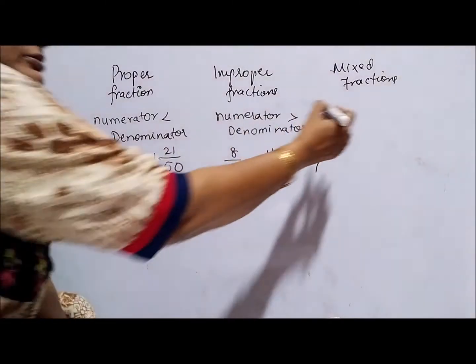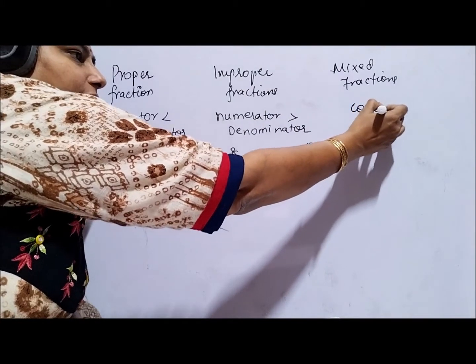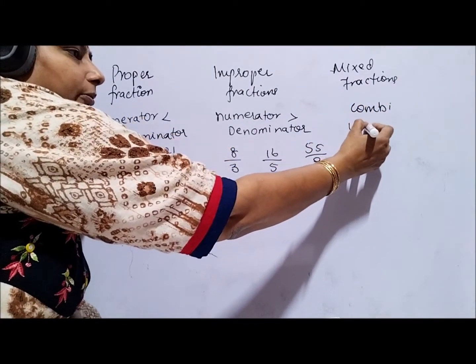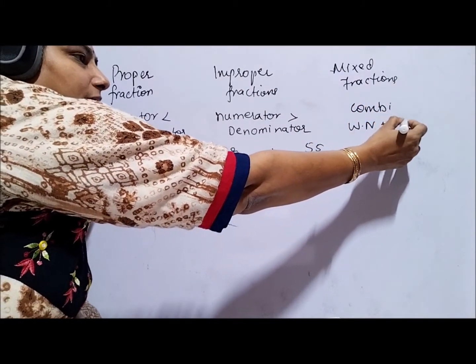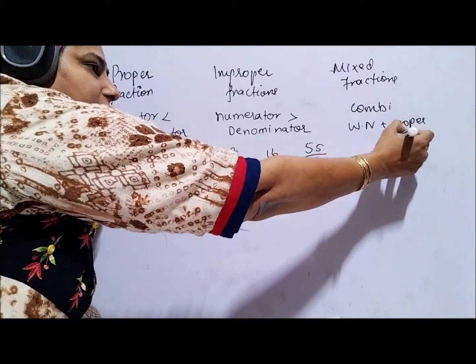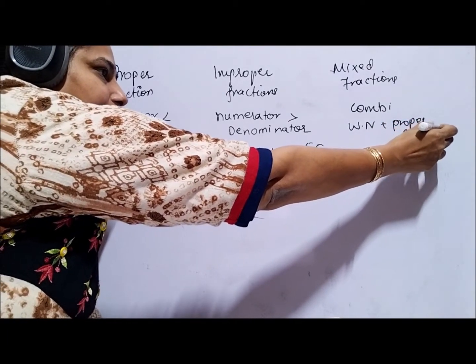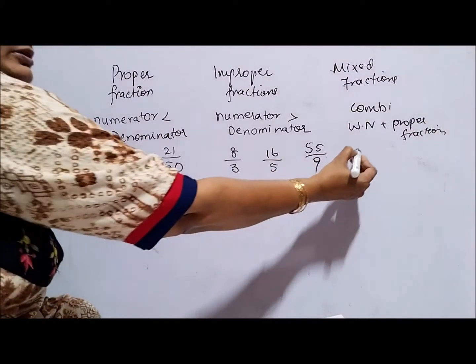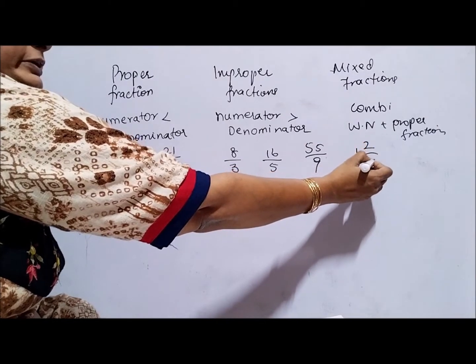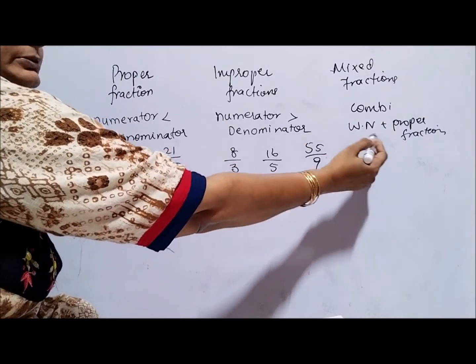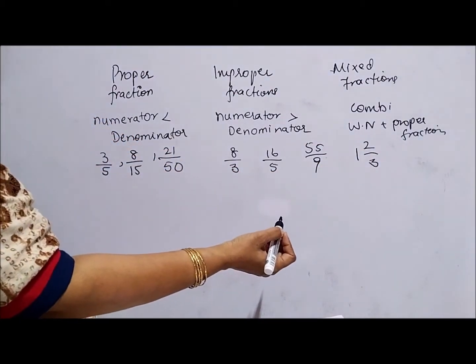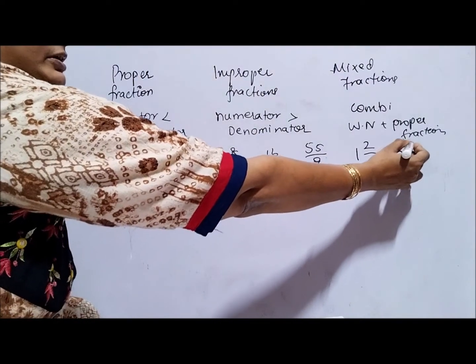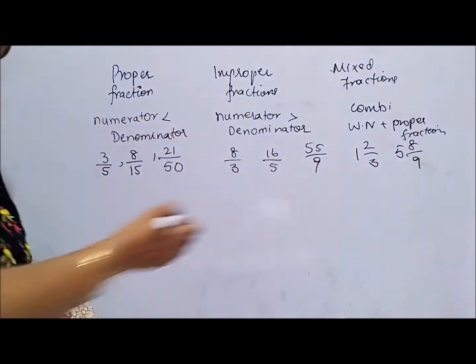Mixed fraction. It's a combination of whole number plus proper fraction. Whole number plus proper fraction. Example, 1, 2 by 3. This is the whole number. This is a proper fraction. 5, 8 by 9.